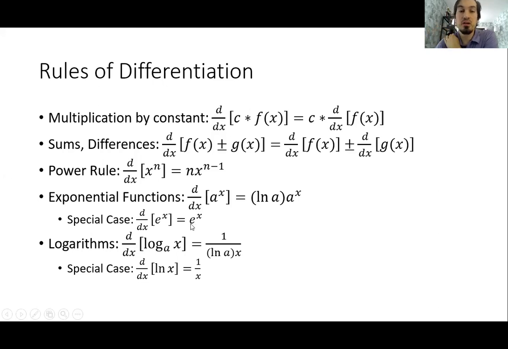Besides 0, this is the only function whose derivative is itself, e to the x. And similarly with logarithms, when the base of the logarithm isn't just any old constant a, but the constant e, we call that the natural logarithm. It's also very special because the derivative of the natural logarithm is 1 over x. So that's helpful to use. They both become very easy to differentiate when you use e.